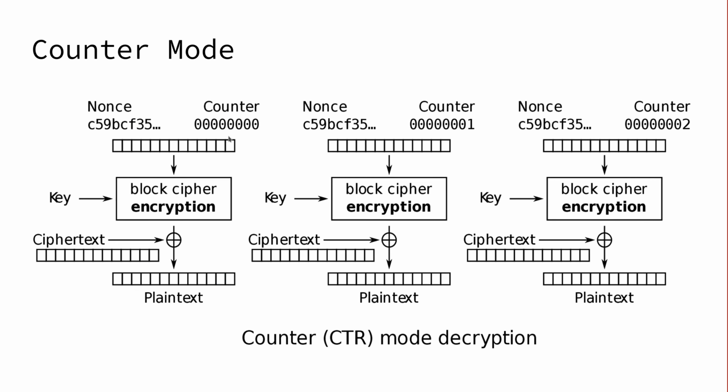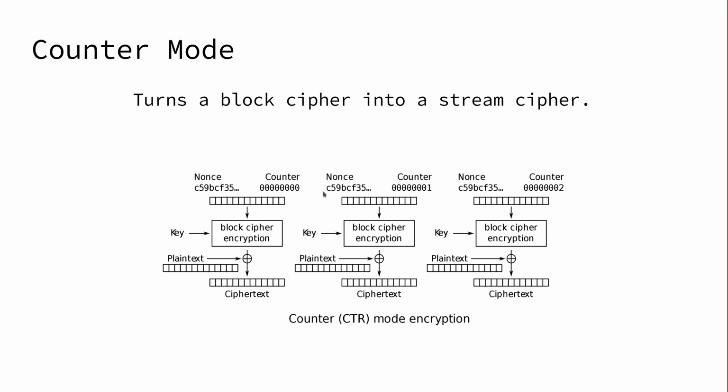Since we have the same nonce, the same counter, and the same key, we get the same key stream, and if we XOR it on the ciphertext, we get the plain text. As I said, if we flip as an attacker a bit here, the exact same bit is flipped in the plain text. Counter mode is a way to turn a block cipher into a stream cipher, as you might have noticed.